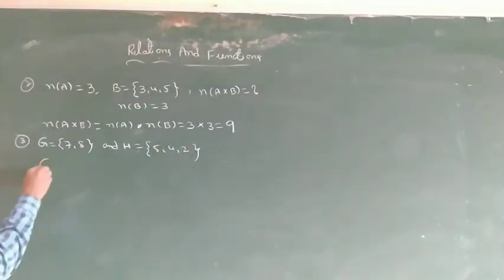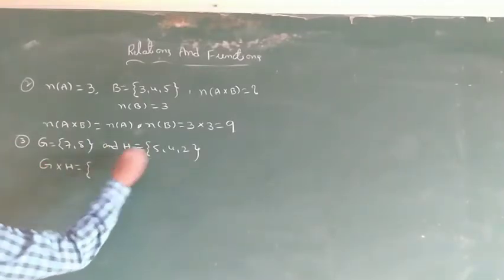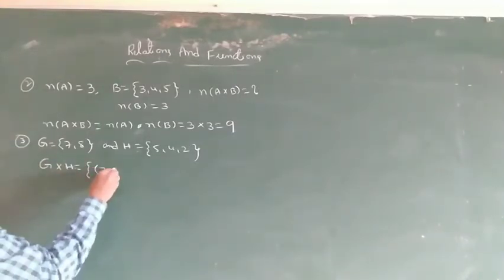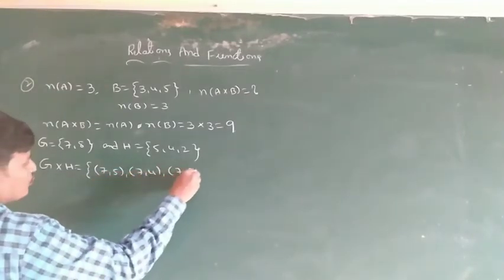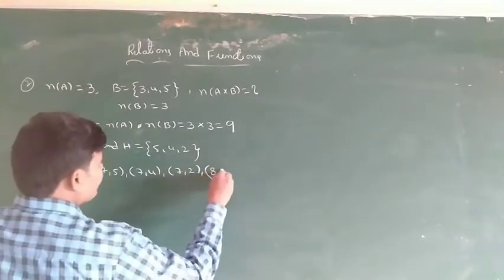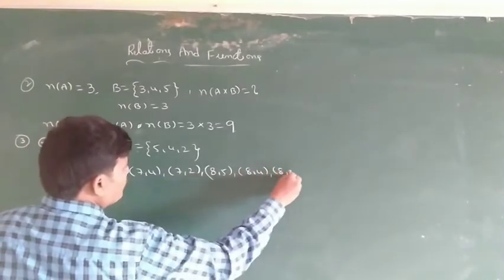So G cross H. How many elements in G cross H? 2 into 3, 6. What are they? (7, 5), (7, 4), (7, 2). Complete 7. Next 8: (8, 5), (8, 4), (8, 2).